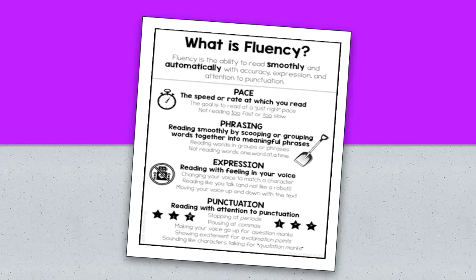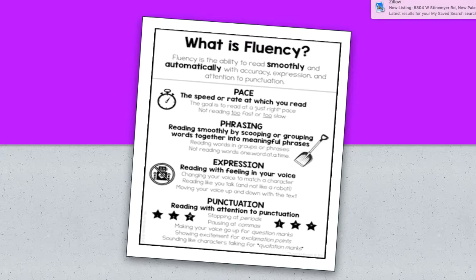I used to tell my fifth graders, imagine you're kind of sing-songing when you read. Expression means you're not reading like a robot. We want the kids to attend to the bolded words, to the question marks, to the exclamation marks. When someone's saying something in a sentence, we want to kind of break that up so that we have expression, which also conveys a level of comprehension.